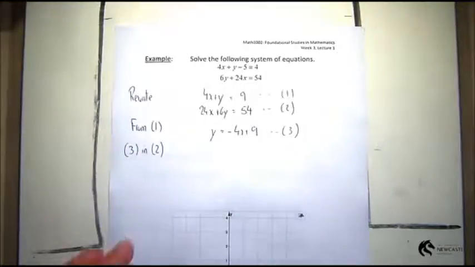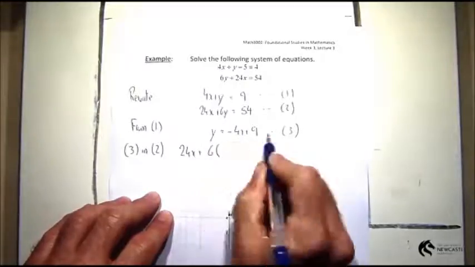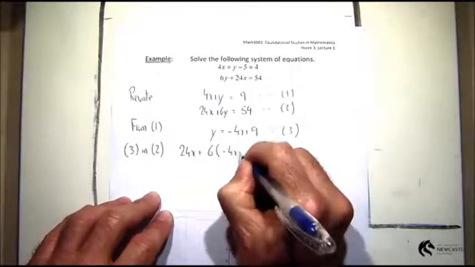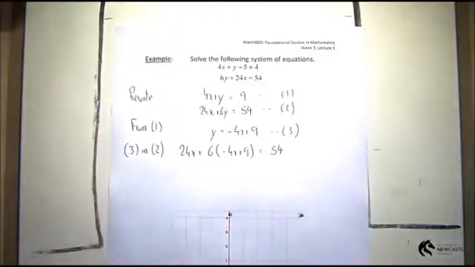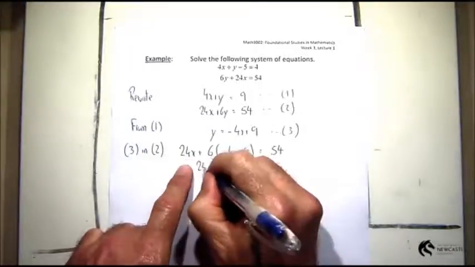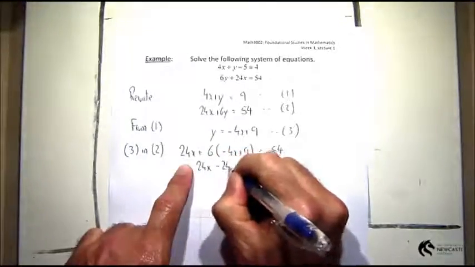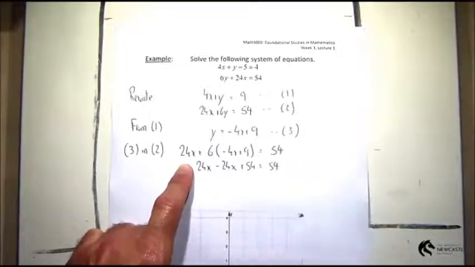And I have on the left-hand side 24x plus 6, and now I have to substitute minus 4x plus 9. And on the right-hand side I have 54. So I have 24x minus 24x plus 54 is equal to 54.